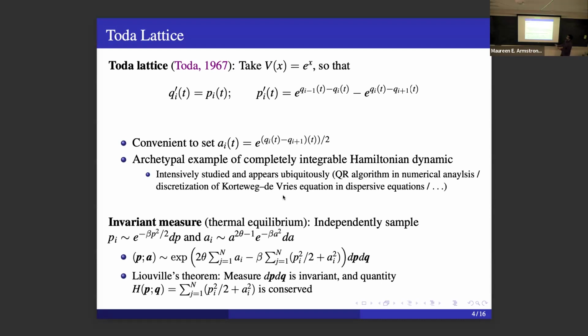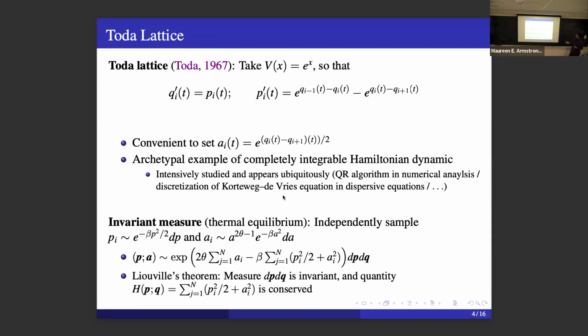So the density of the vectors p and a is given by e to the minus beta p squared over 2 and beta a squared come in here, and then you'll have this sort of factor come in here, a number, dp dq. When changing variables from a to q, you actually remove this minus 1. And so this is just a rewriting of this invariant measure.